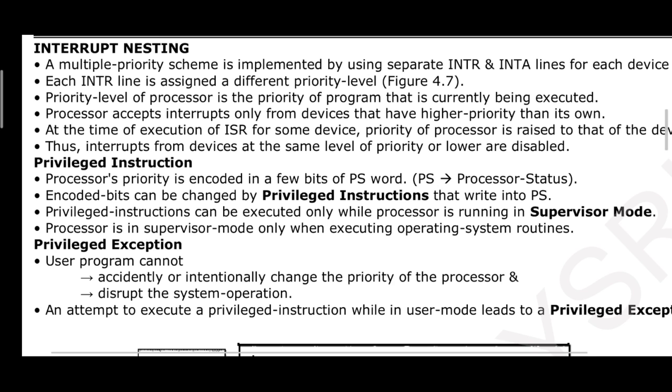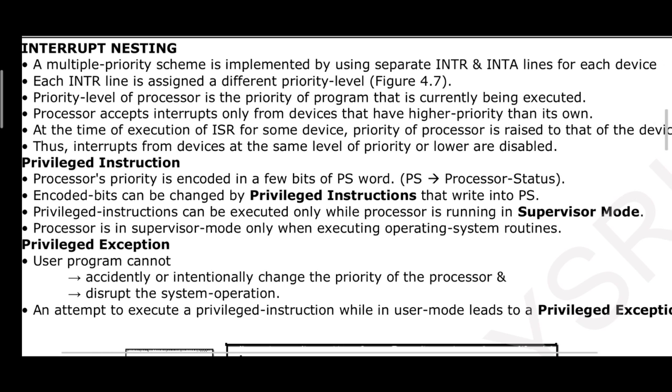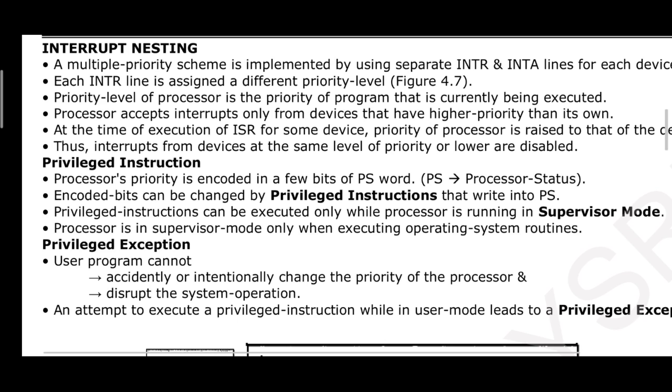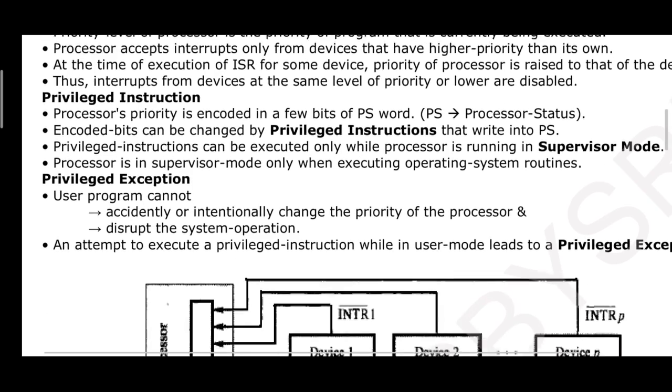But in this scheme there is a one-to-one connection, meaning each device has a dedicated interrupt request line and a dedicated interrupt acknowledgement line to the processor. The processor can set the priority value for each device, so it can handle devices based on priority.